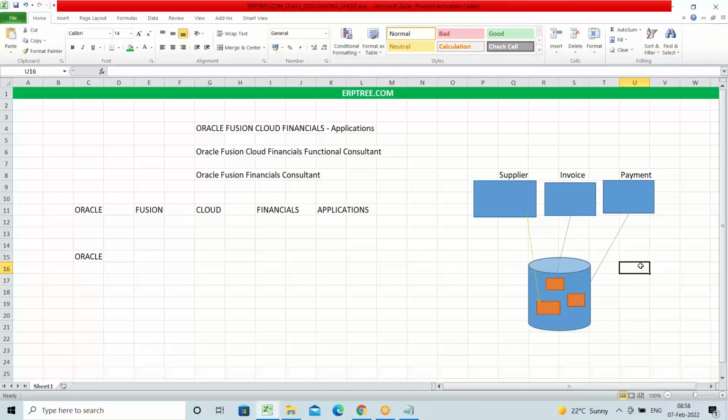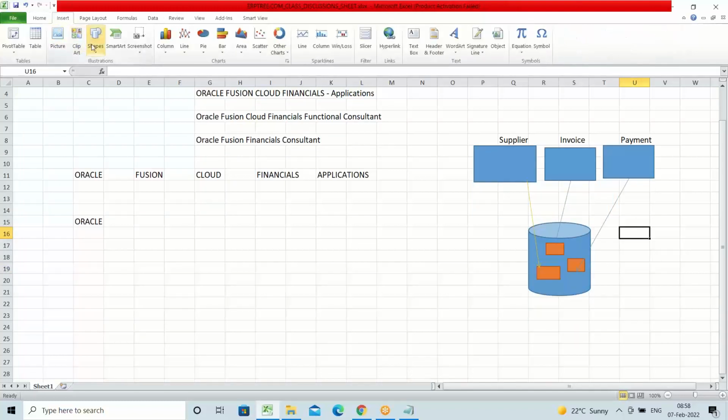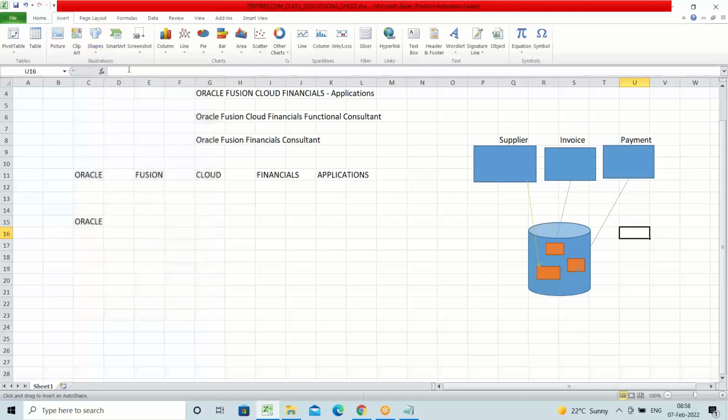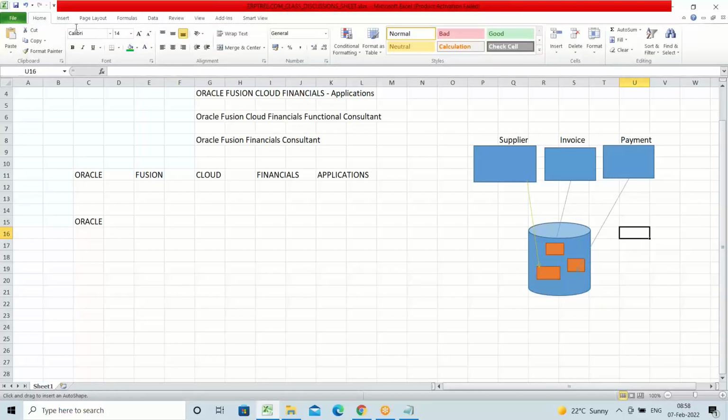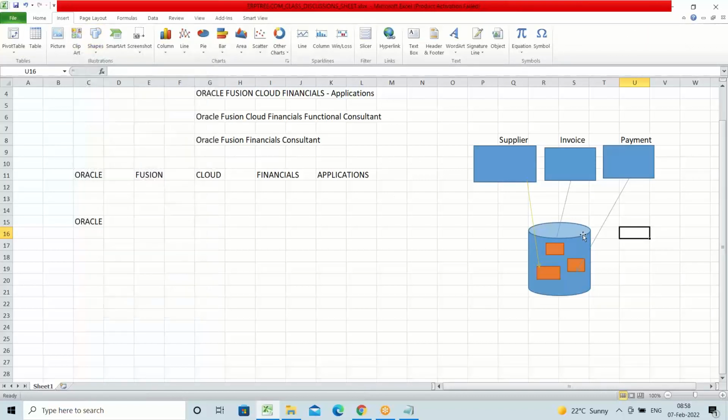Now I want to see all the invoices, whatever I created. So what are the invoices you entered? You want to see all the invoices here.